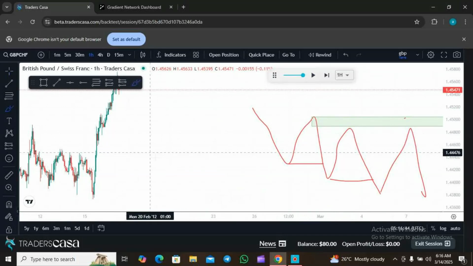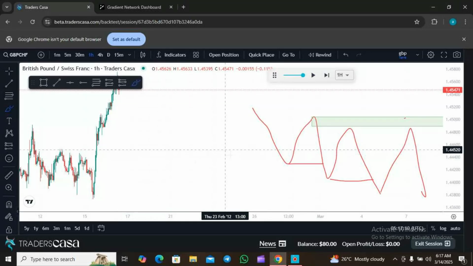Now, if it occurs by giving you a low probability trade setup, it might fail. I don't know if you guys are understanding me. If it occurs in a low probability trade setup, it might fail.